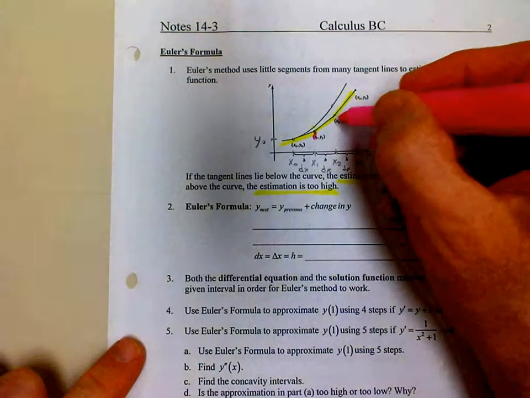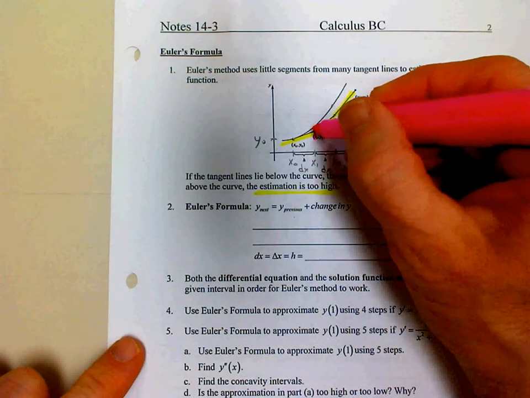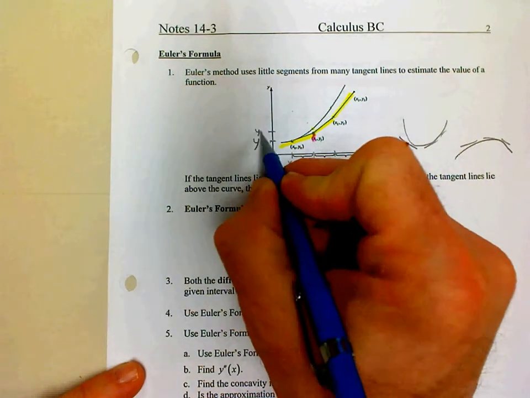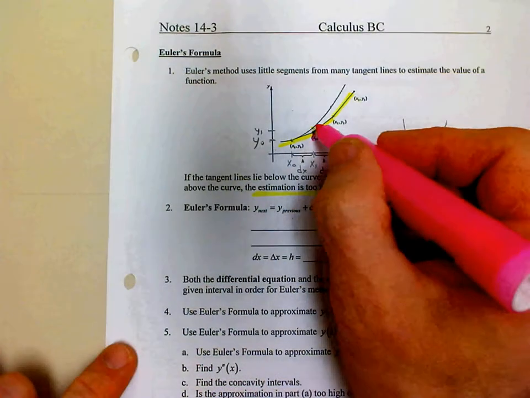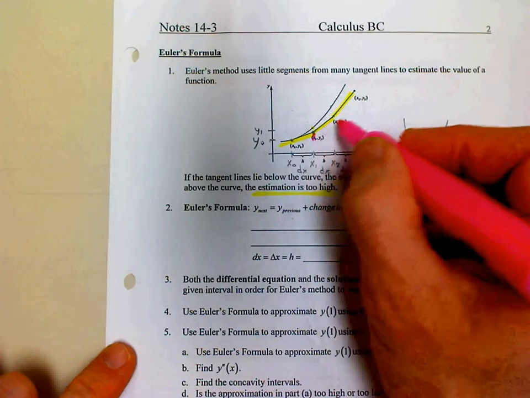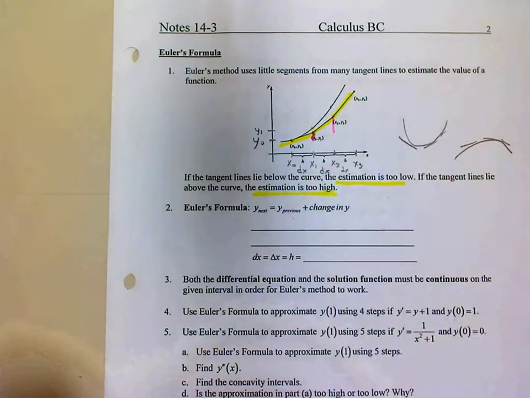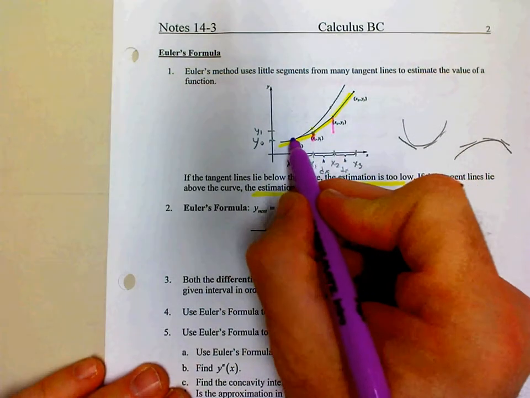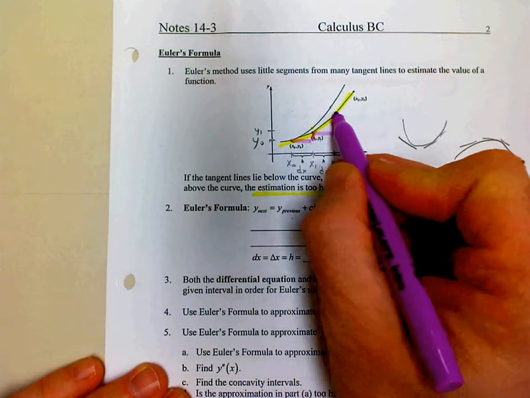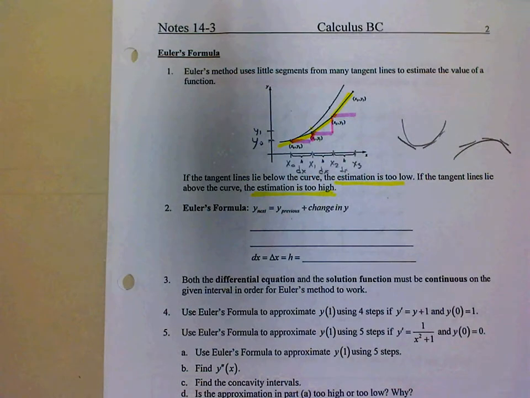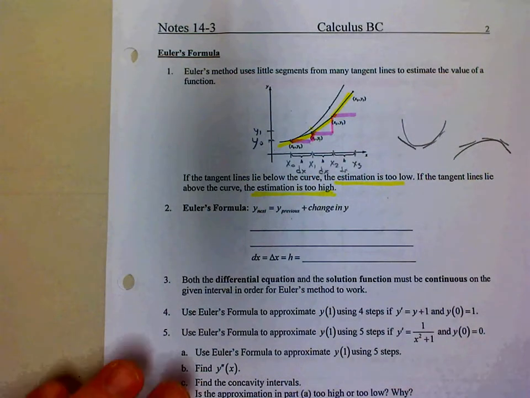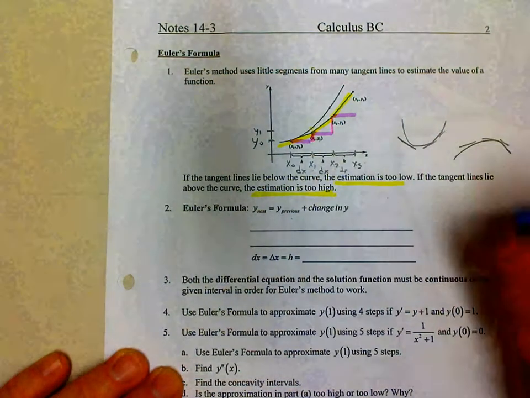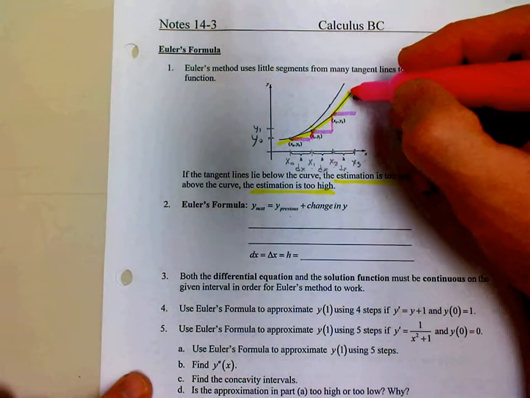And from this y value, which they call y sub 1, they're going to use this line to find a new y value. All of these lengths here are dx, dx, dx, dx, to come up with our new x value, x1, x2, and x3. Put that in our equation, and that's going to give us each one of these new y values.